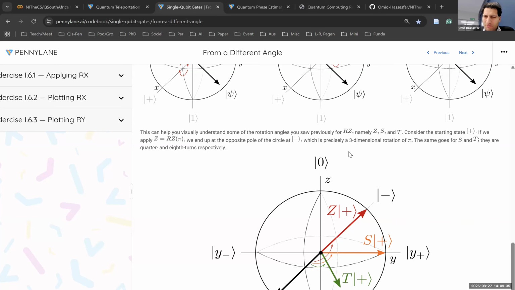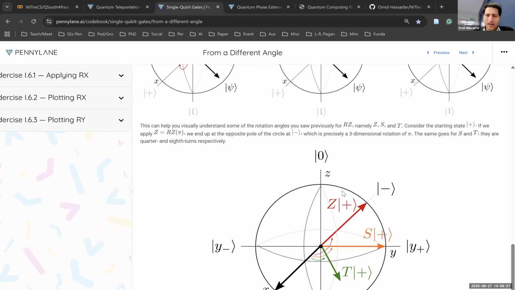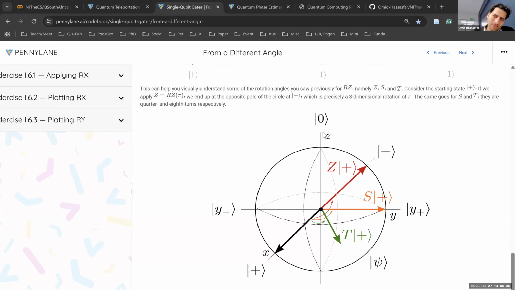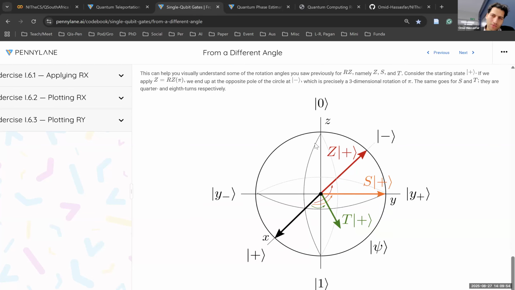Okay, let's assume a specific example. Usually quantum computer qubits are initialized in the 0 state by default. Then if you apply Hadamard to this, your qubit is now in the state plus.